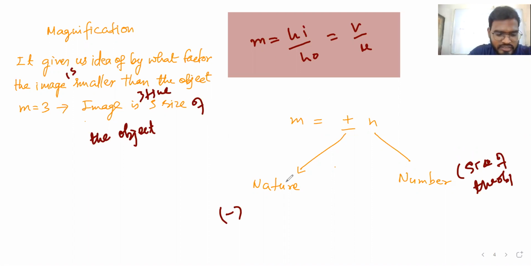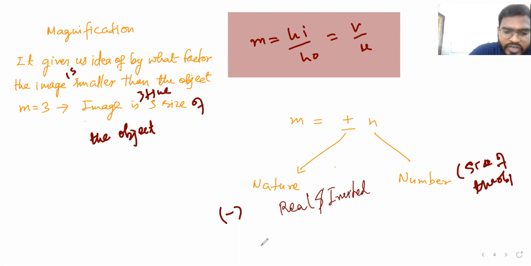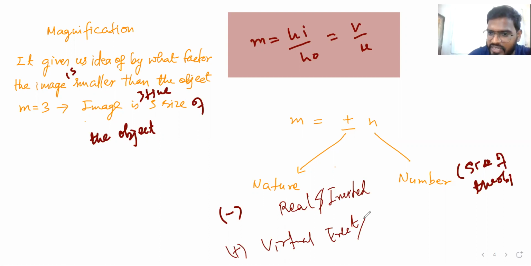So if it is negative, then it is real and inverted, right? If it is on the opposite side, then we can say virtual and erect.